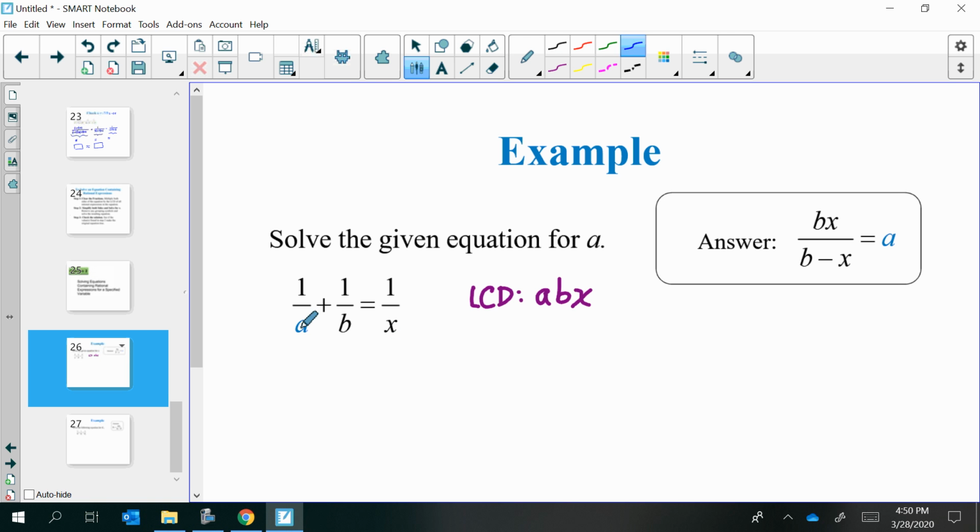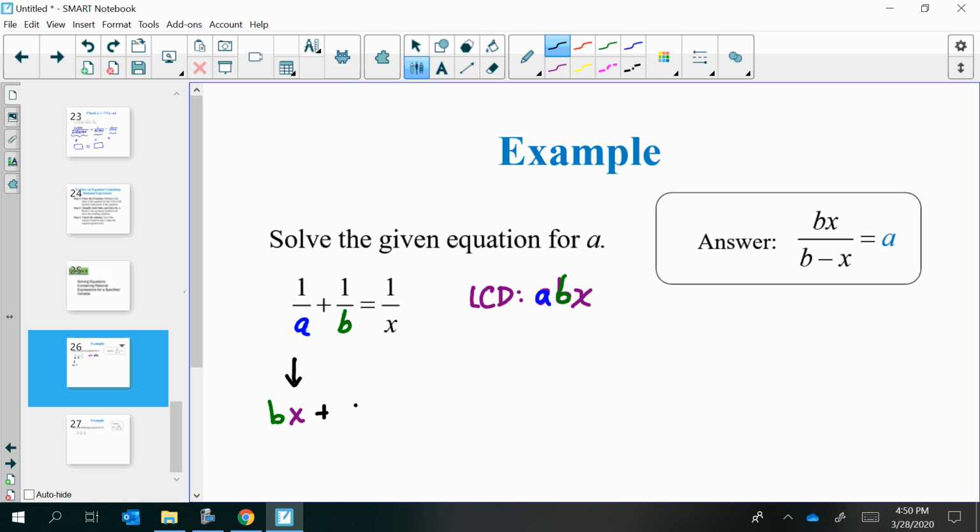So we first have the A, I'll do that in blue, the B in green, and the X purple. All right, so when I go to rewrite this after multiplying through by the LCD, the only thing that's going to be left after the A's cancel is B times X.